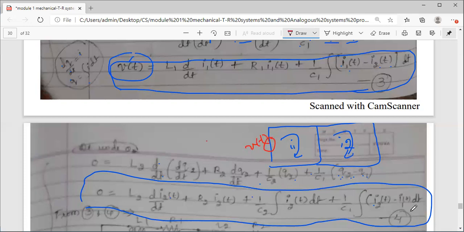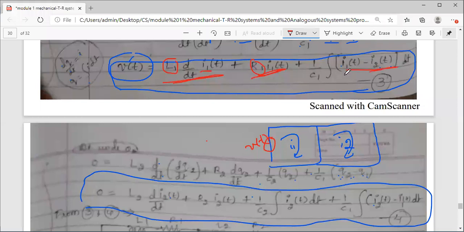Now in equations 3 and 4, what will I do? I will search first for the elements which have only I1. In the first loop I have to draw the component elements. So let's see how many elements have purely I1 term. You can see this has I1. So this L1 component has I1. This R1 component, even that has I1. These two components are purely I1 related.